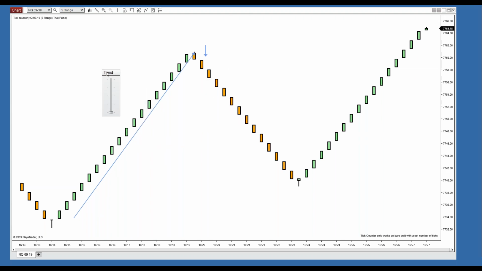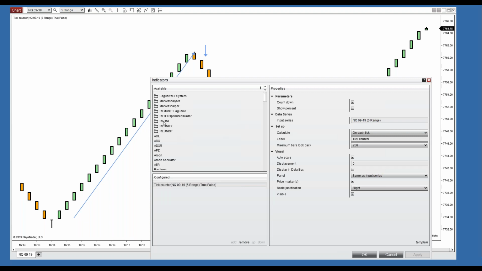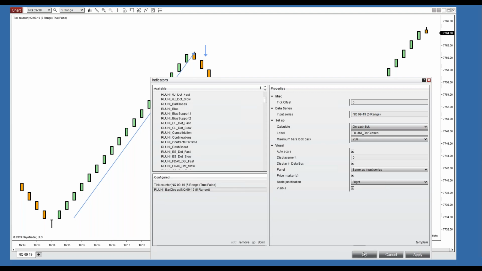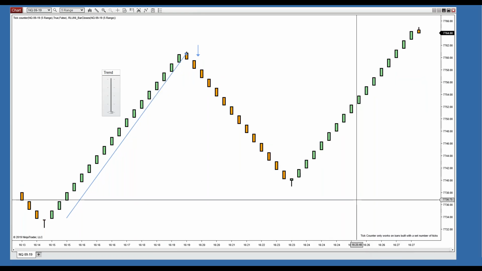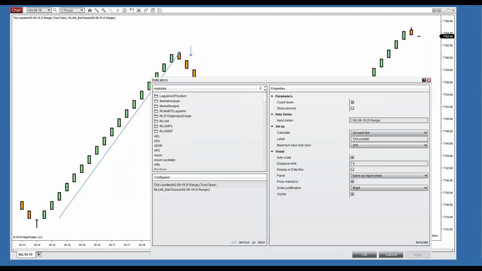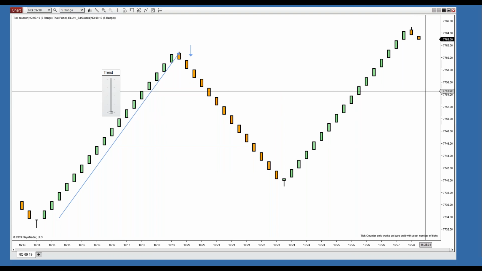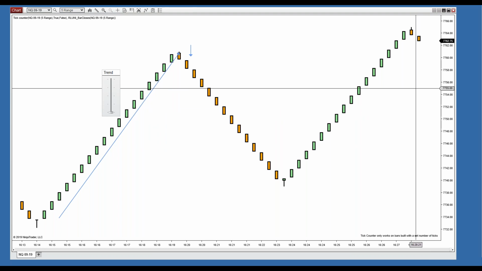Now let's say the market is so, and what I'm going to do is add one more indicator. It's called our bar closes indicator. I don't see it working. Hang on. Okay, but our bar close is set for a different kind of chart.